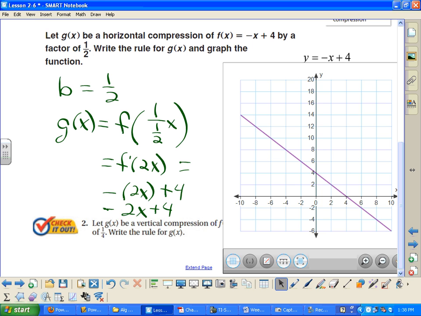Okay. Now, that means all the x values are going to be half what they were, right? So what's half of 4? 2. So where I had 4, 0, I'm going to have 2, 0. Okay. What's half of 0? Oh, so the y-intercept isn't going to change, is it?